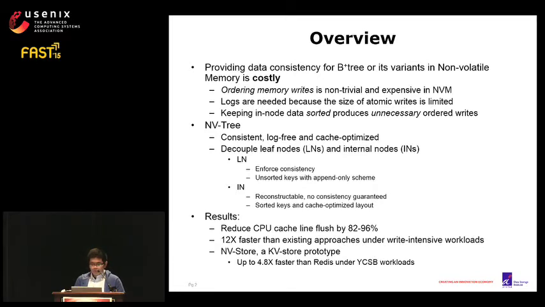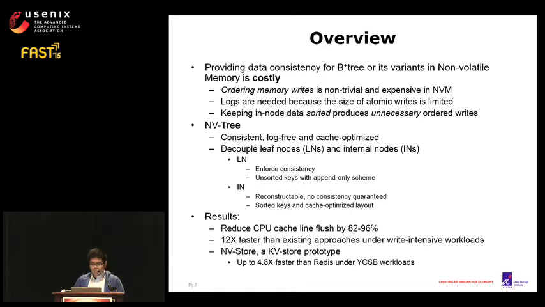NVTree is a B+Tree variant which provides data consistency without logs, and it is cache optimized. The main idea is to decouple leaf nodes and internal nodes. For leaf nodes that store the real data, ordered writes are enforced to provide data consistency, and we further reduce the amount of cacheline flushes needed for the ordered writes by adopting unsorted keys with an append-only scheme.